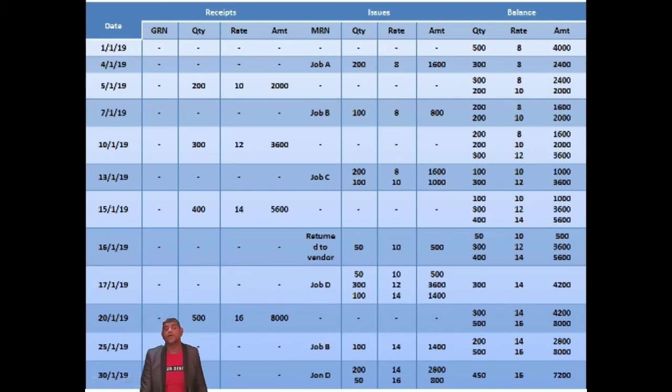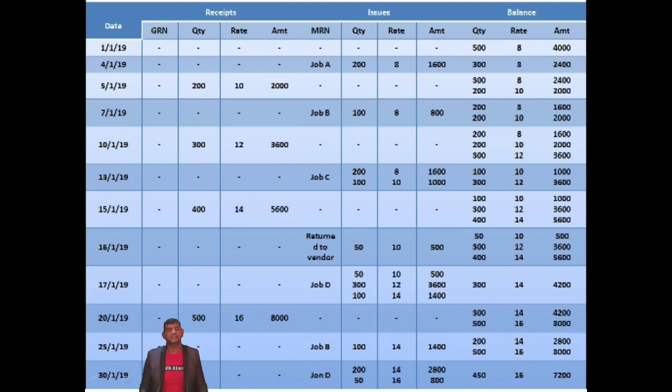For job B, 100 units. So 100 into 14 rupees, so that comes to 1400. So the balance will be 100 units at rupees 14 each, 1400. And on the same day, 500 units have been received. So that is 500 into 16 rupees, so that comes to 8000 rupees.